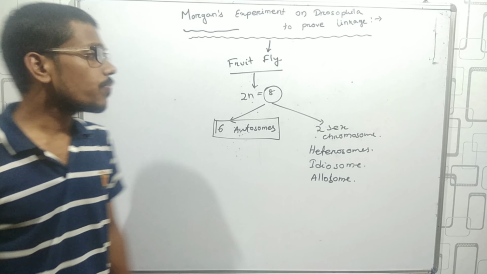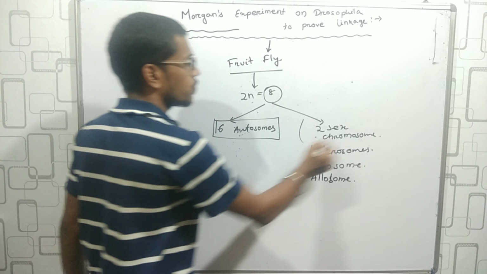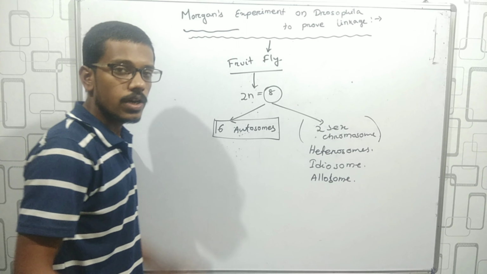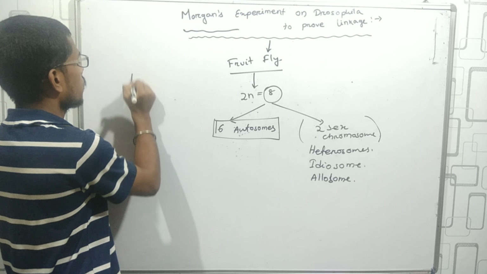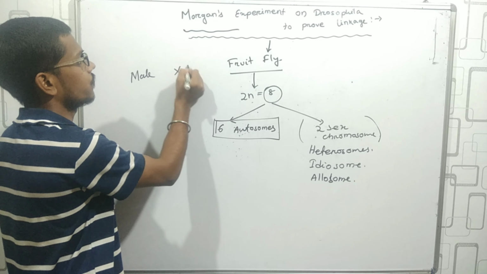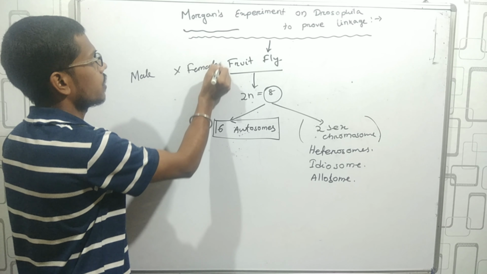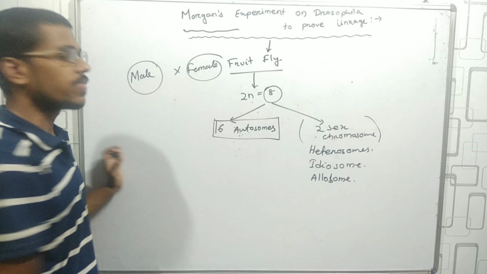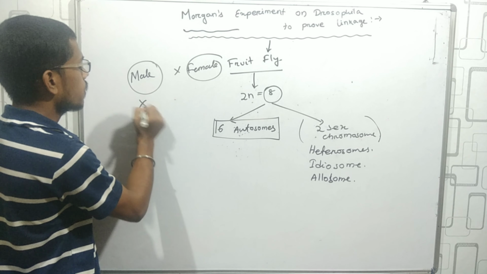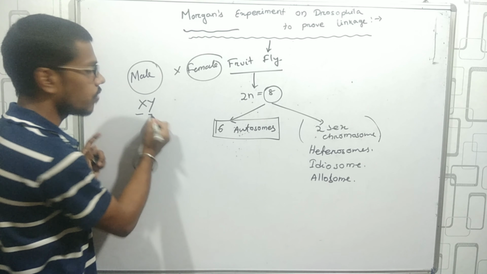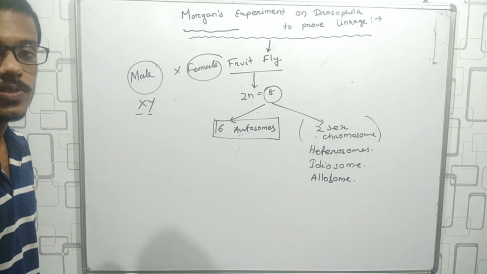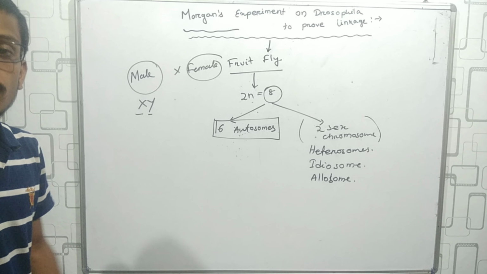If we see the sex chromosomes in Drosophila melanogaster, there are male and female individuals. In the male individual there is an XY type of sex chromosome, meaning one X chromosome and another Y chromosome.